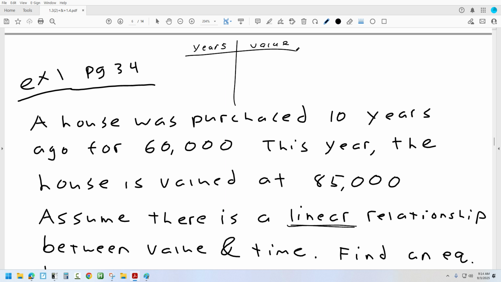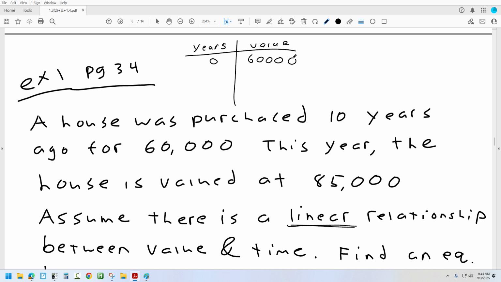That's going to be the finishing value. So that's our value now. 10 years have gone by. But how many years had gone by at the start? 0 years. Okay, so at the very beginning, when we bought this house, no years had gone by yet, and the value was 60,000.